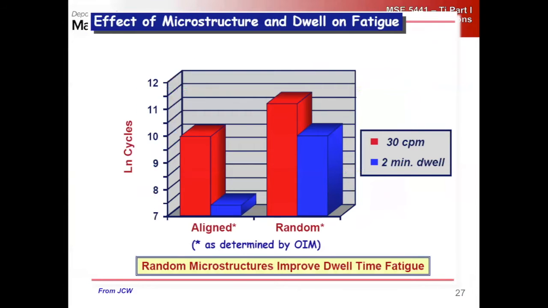And this is the really interesting part, because people did regular fatigue, and they said, okay, we broke down our ingot enough, our fatigue life is good. But if you actually do this dwell, where you hold it at stress for 2 minutes and then release it, then go back up and hold it for 2 minutes, there was a huge debit.